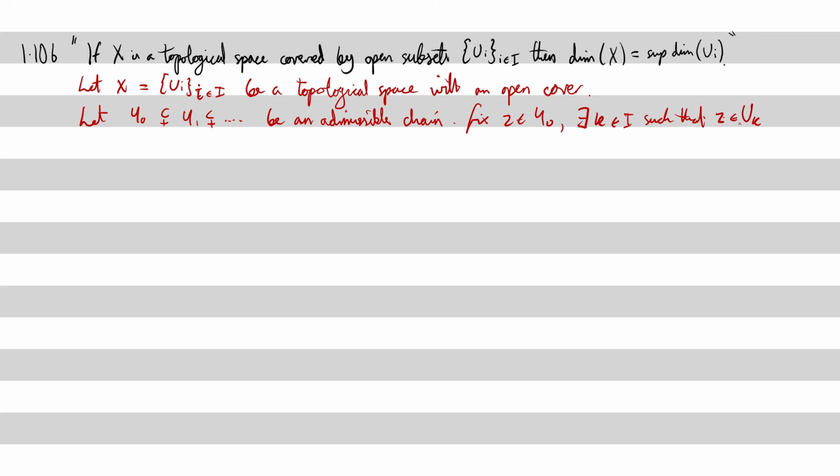So hence yi intersect UK is non-empty for all i, and yi intersect UK is a closed subset with respect to the subspace topology on UK, and an open subset with respect to the topology on yi.